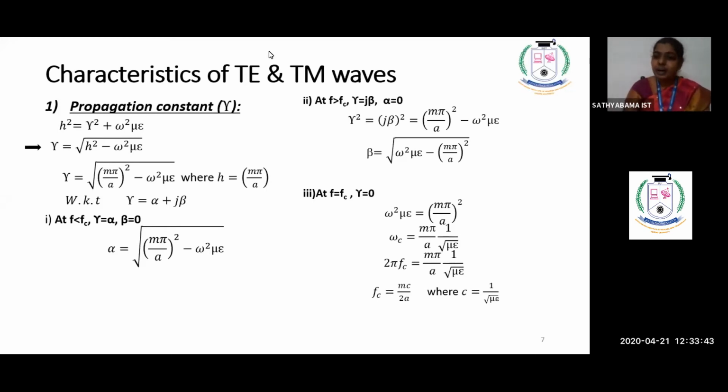So your gamma will be equal to your alpha component. According to case number one, when f is less than fc, your gamma is alpha and your beta is equal to 0. When you substitute that in the first equation, gamma equals root of (m pi by a) the whole square minus omega square mu epsilon, gamma can now be replaced with alpha at f less than fc. So that is the formula you have for alpha.